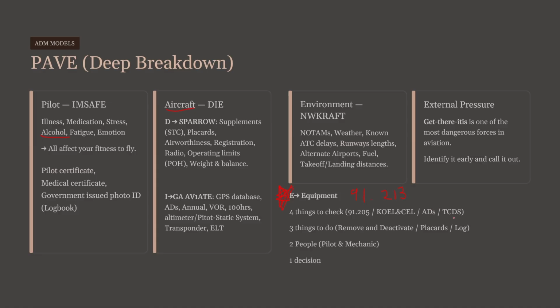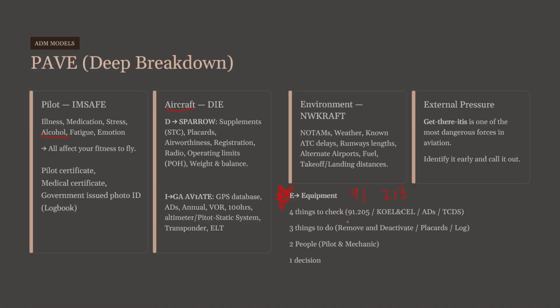And fourth is the type certificate data sheet, or TCDS. So this defines how the aircraft was originally certified, including required equipment and limitations. So here, I'm checking whether that equipment is part of the aircraft's approved configuration.